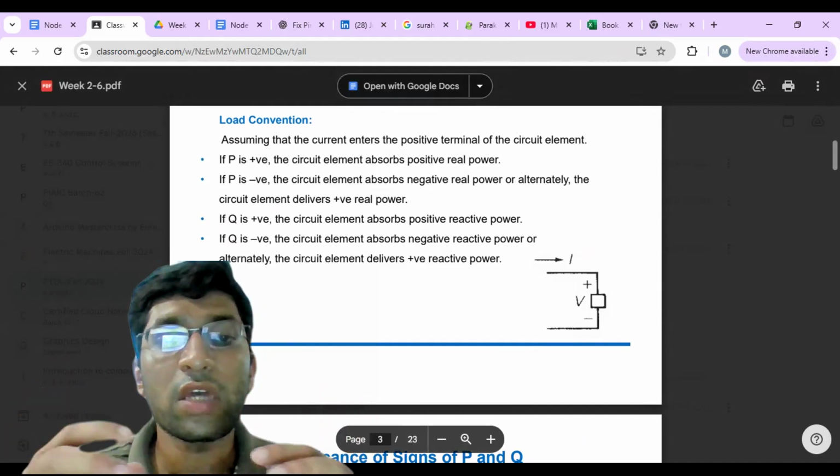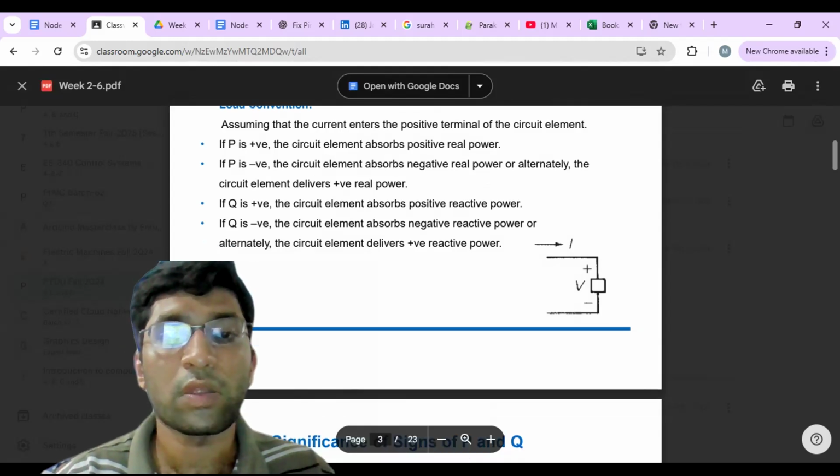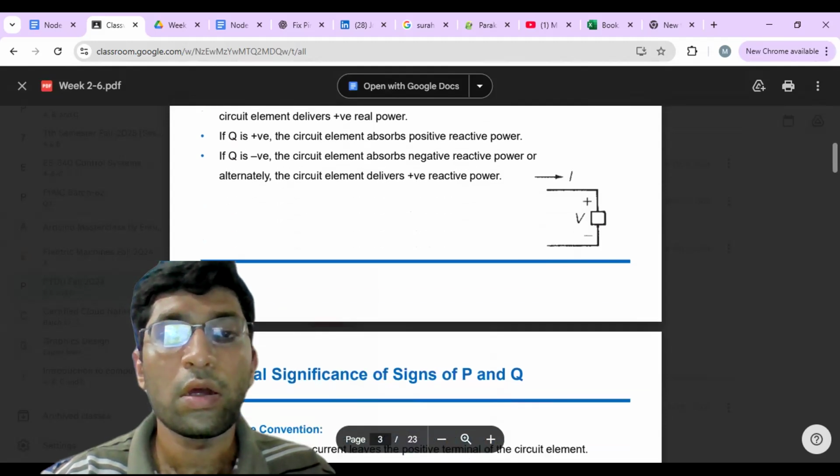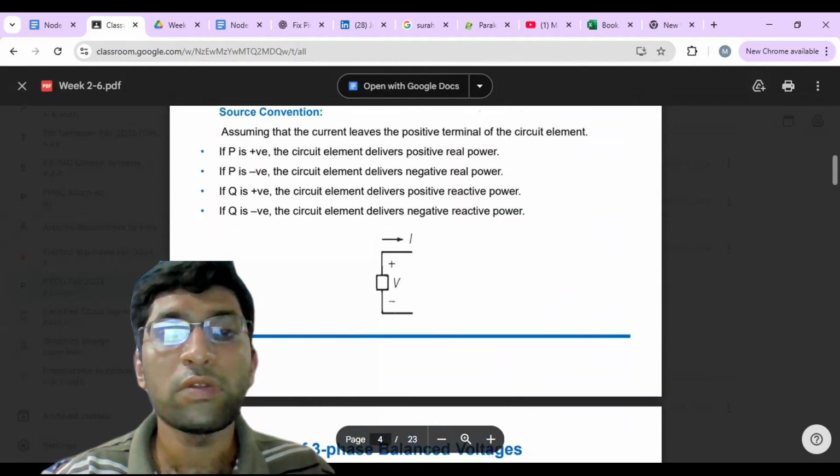Q is negative if the circuit element delivers negative reactive power. So things are quite easy. You just need to refresh your logic on active power and reactive power. So if P is positive, the circuit element delivers positive real power. If P is negative, it delivers negative real power. So we were truly right. If Q is positive, the circuit element delivers positive reactive power.